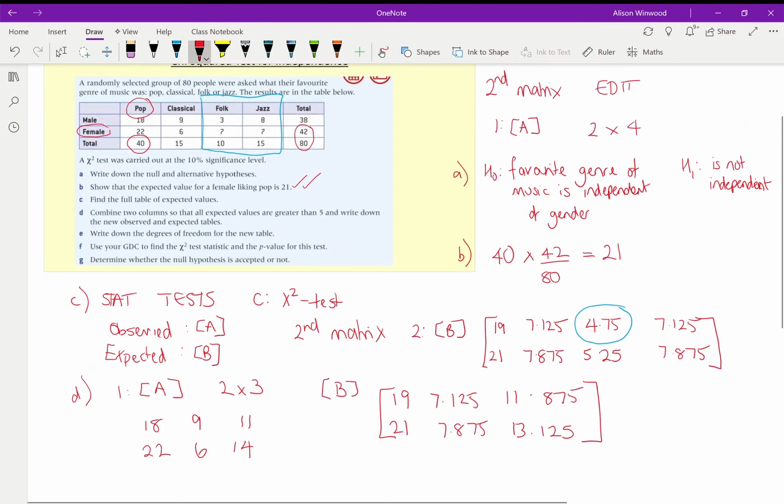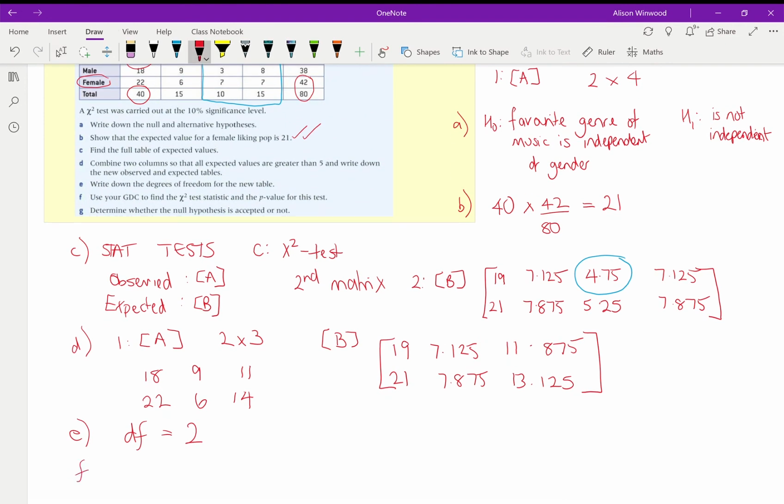The degrees of freedom is given to us in the chi-squared test. So stat tests C. It tells us that the degrees of freedom in this case is 2.